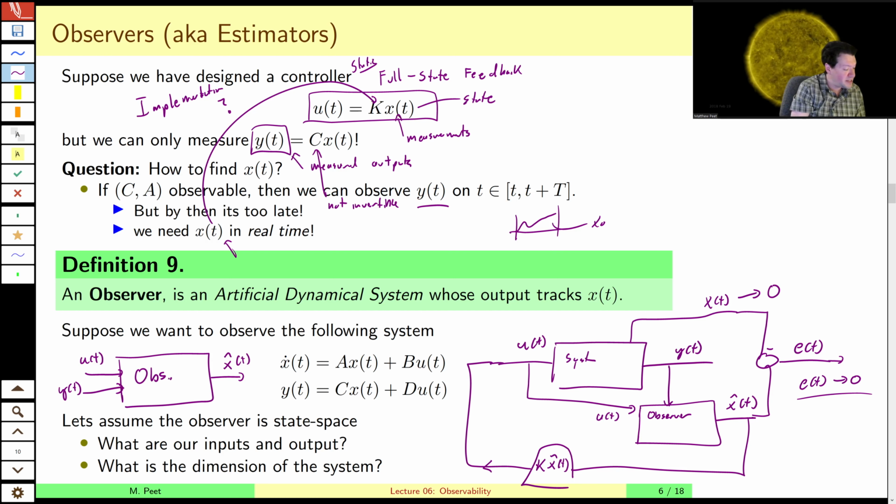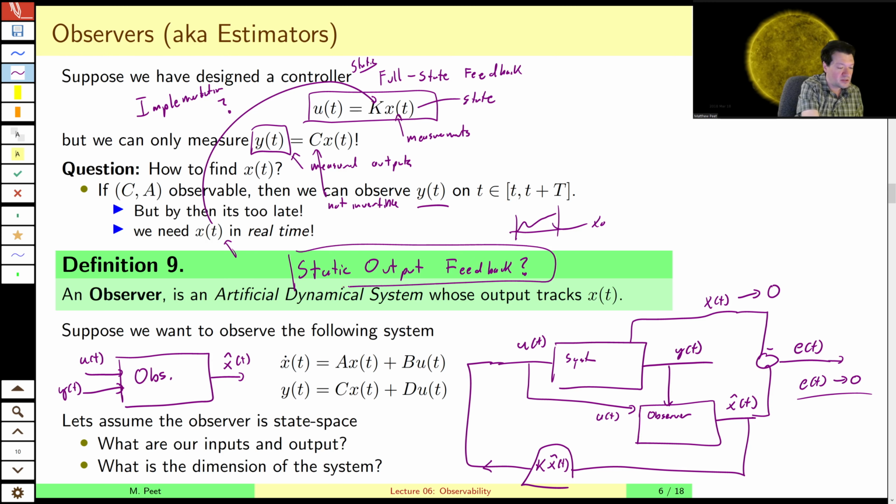Well, we can't make it a static function. There's no static observer design. That would be static output feedback, which is unsolvable. Well, we believe it's unsolvable. I'll put a little box around that and say unsolvable.